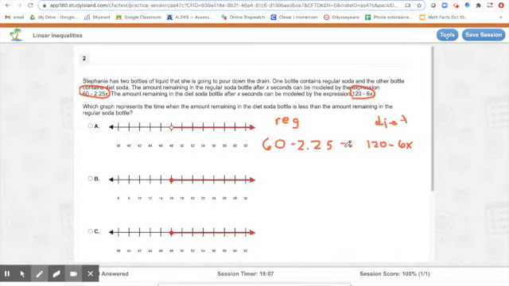So what I want to do here is find out when they're going to be equal. Once we identify that point, we can determine at what time one is going to be more or less than the other. And I forgot to throw an x in there.